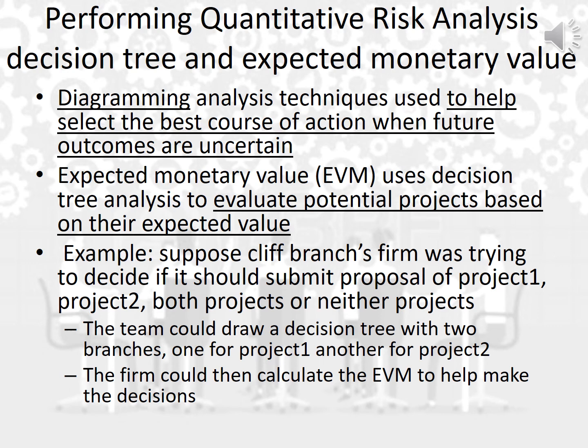How can we do that? As I said, we first need to draw the diagram, apply a decision tree, then implement the EMV calculation formula in order to decide whether to go for both projects or not. I will explain that further in the coming slide, inshallah.